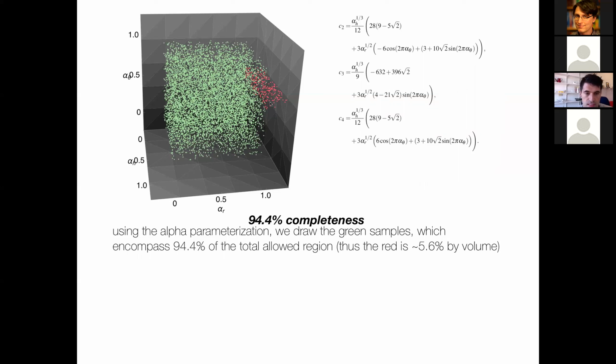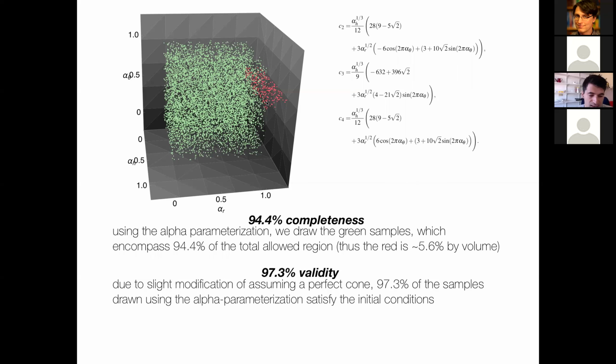Those red points are missed by sampling from the cube because they stick out of the cube. So we're not going to be able to sample that region. If you strongly suspected your star, for whatever reason, happened to have an intensity profile in this very extreme, weird thing sticking out here, then you would miss it by using this parameterization. But that's kind of a fact of life here, I'm afraid.